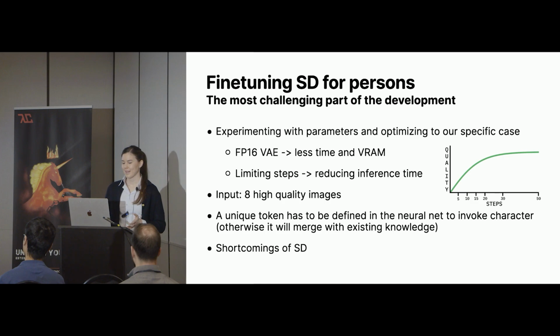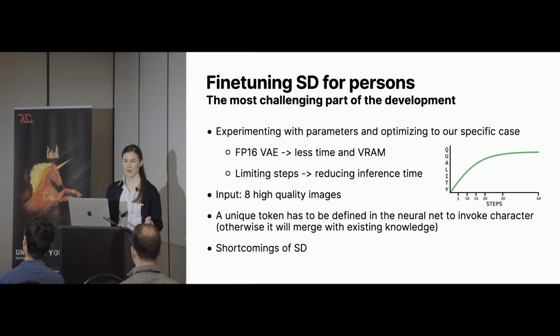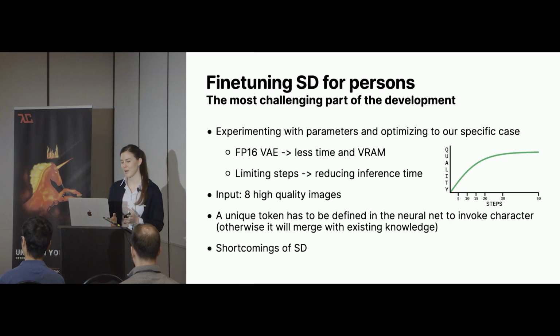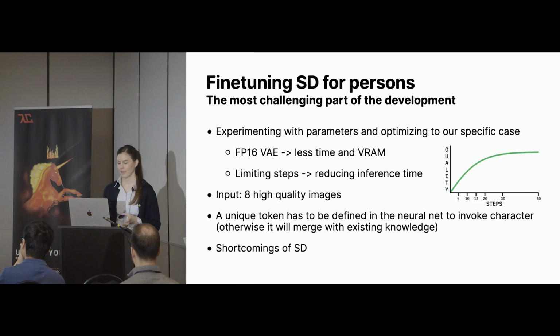So it does not only depend on the model or the developer how high quality images come out from the model, but also the user has the responsibility to upload only eight, but very high quality images. So we also pre-process the pictures. We cut them. Only the upper body of the trained person is visible on the training pictures.